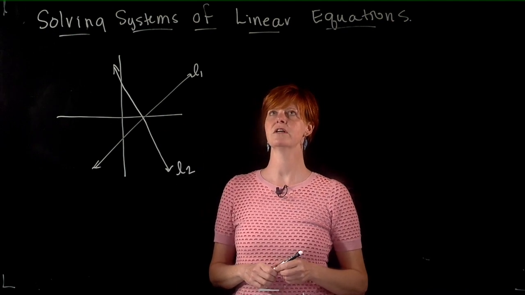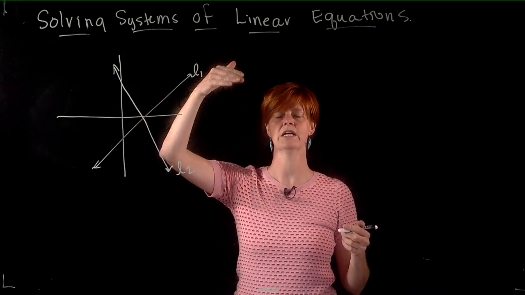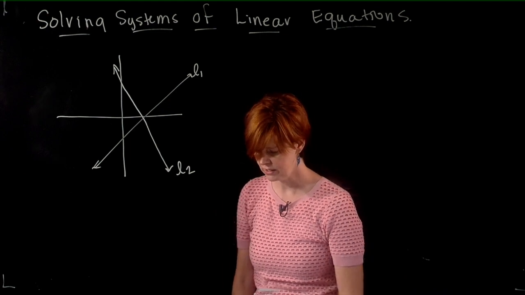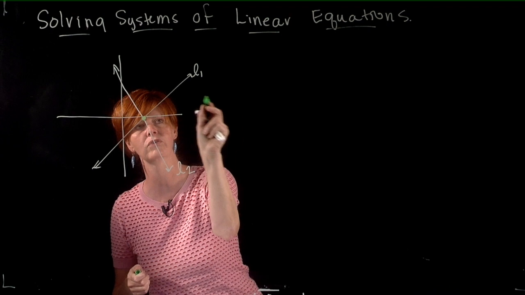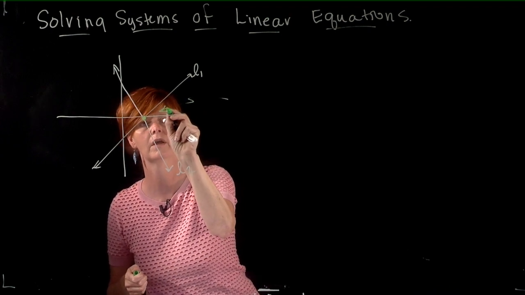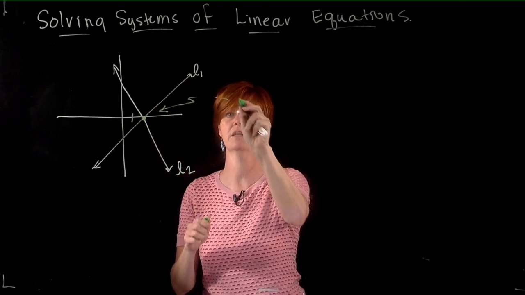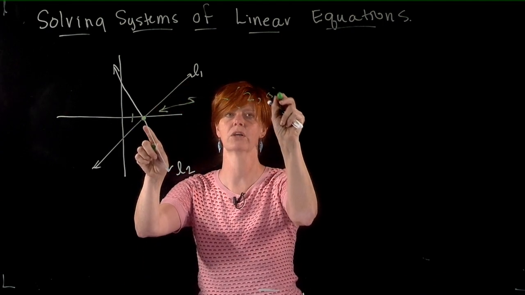And the solving part of solving a system of linear equations is answering the question, where do these lines cross? So here, this is where our lines cross. And so let's just make a number up. Let's just pretend in this problem that was (2, 0).